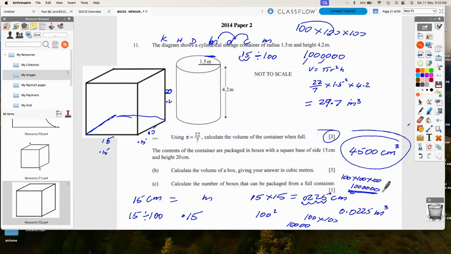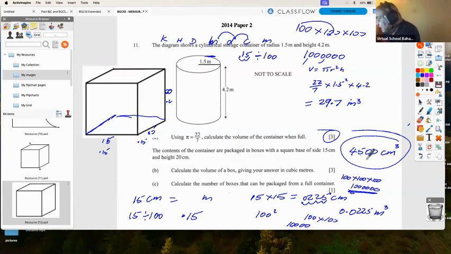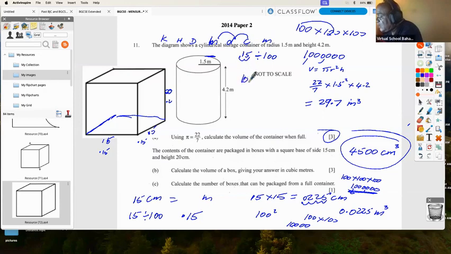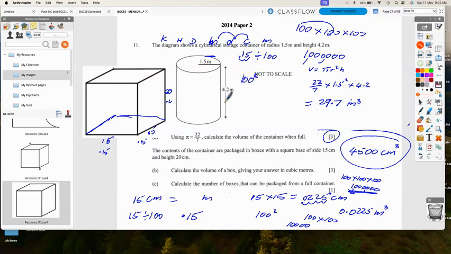Yes, sir. So you see how we do it? Either you convert here into the meter, and you get 0.0045, or when you do that, you have to divide it by 1 million, because it's 100 cubed, because that is what we're doing.